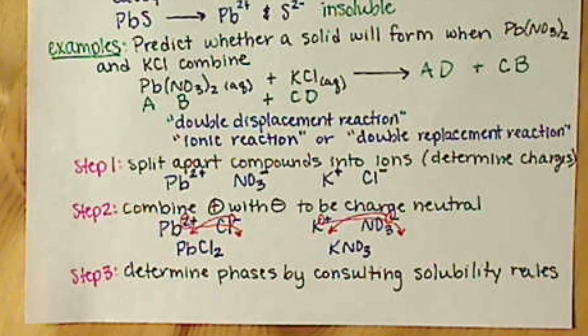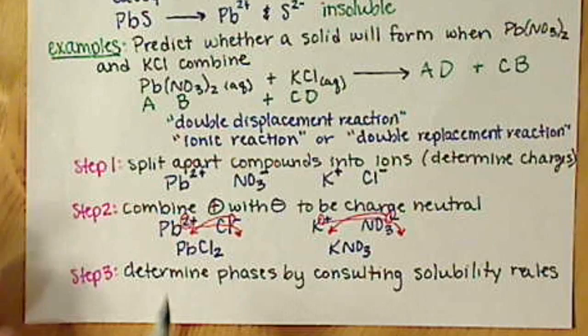Lead won't be found on there, but chloride is. And our solubility rules say that all chlorides, bromides, and iodides are soluble, except for those of silver ion, mercury ion, and lead 2+. So they're soluble except for with lead.